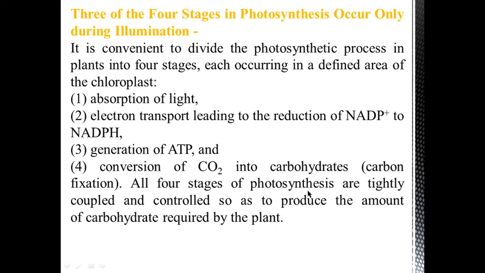All four stages of photosynthesis are tightly coupled and controlled so as to produce the amount of carbohydrates required by the plants. Now, stages first, second, and third require light and chlorophyll pigments. And now stage fourth, conversion of CO2 into carbohydrates, requires carbon dioxide.